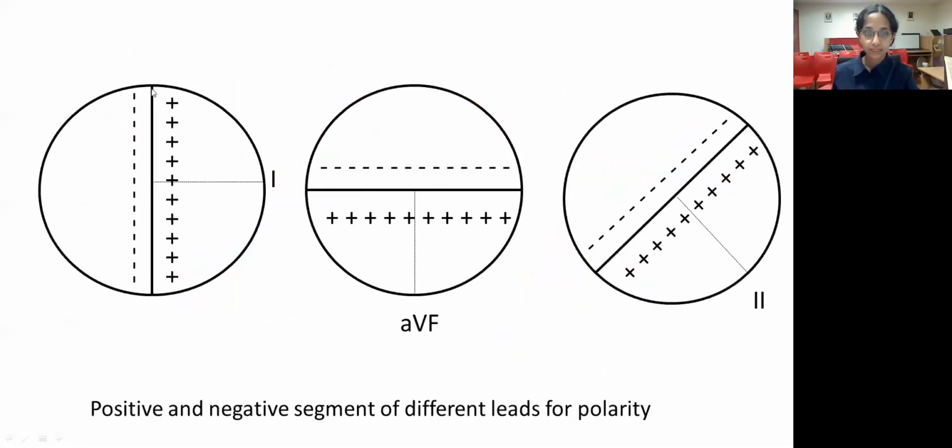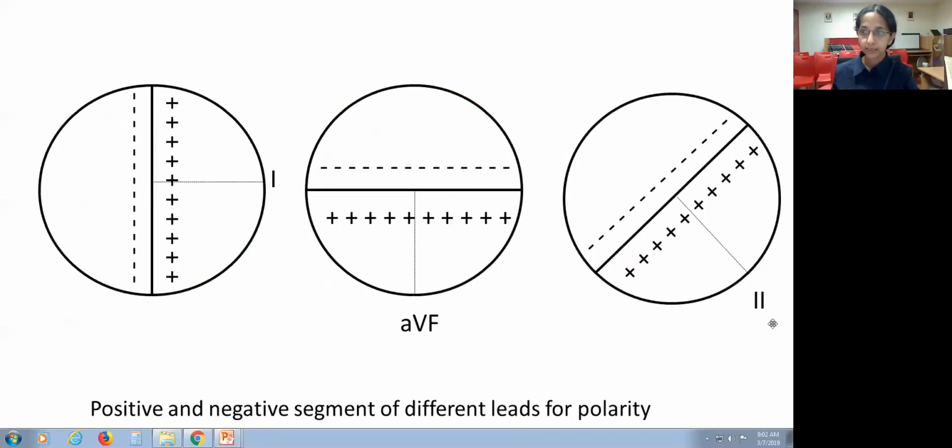So if I put it in a semicircle, the positive segment is here and the negative segment for lead 1 is here. Similarly for AVF, because it's directed at 90 degrees, the positive segment is the lower half and the negative segment is the upper half. And for lead 2, because it is directed towards 60 degrees, the positive polarity is this half and the negative polarity is the other half.